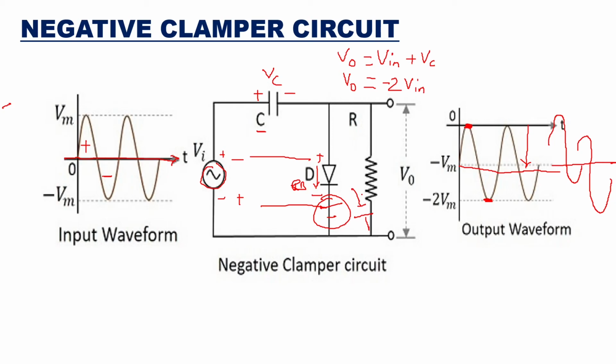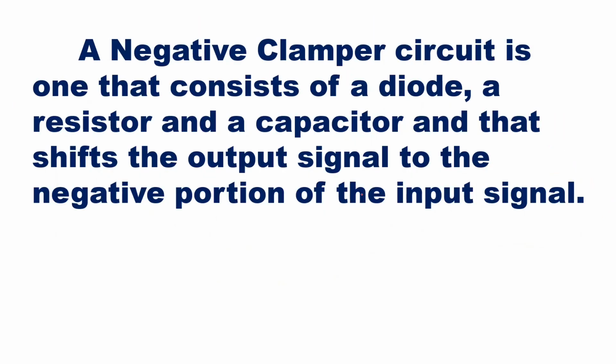Okay, and in that way you can do the desired DC level shifting. Okay, so this is how you do a negative clamp. A negative clamper circuit is one that consists of a diode, a resistor, and a capacitor, and that shifts the output signal to the negative portion of the input signal.